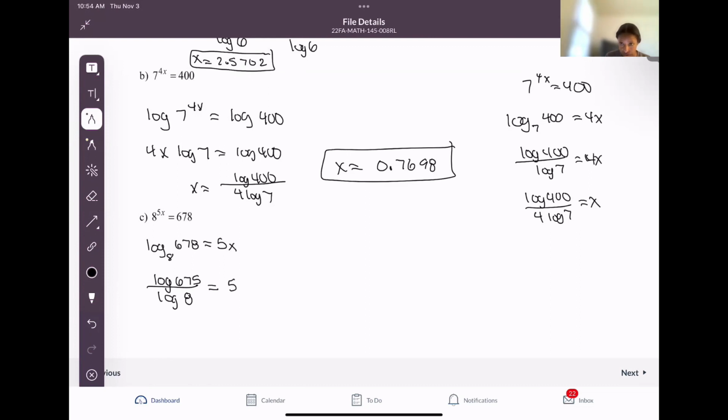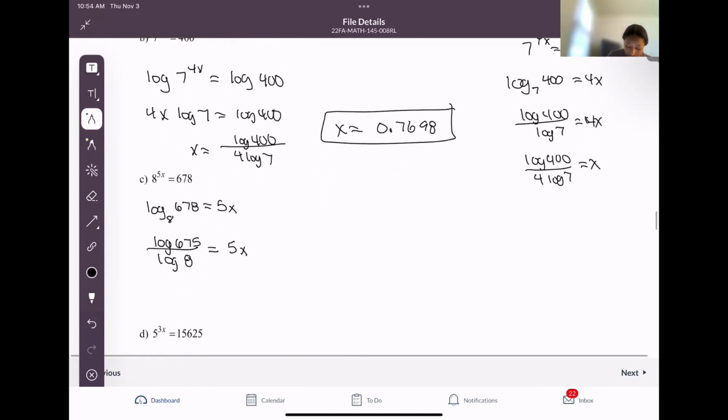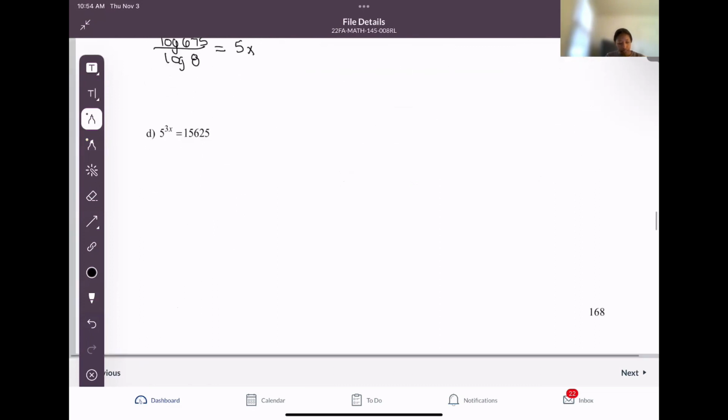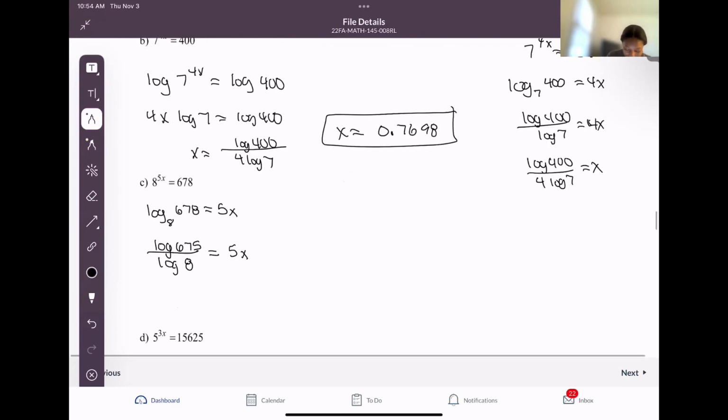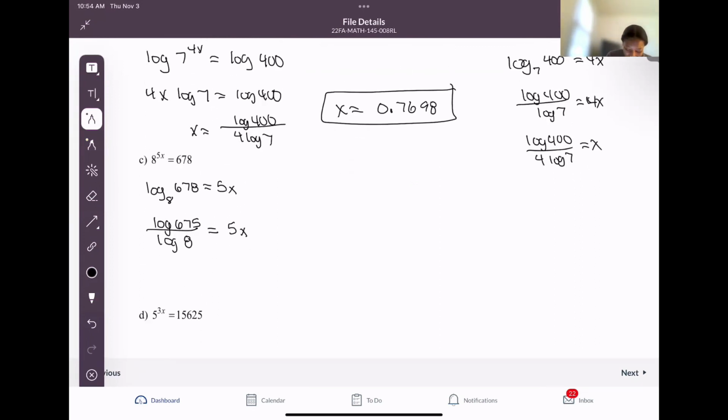Someone shared an answer for this one. You got 0.627. All right, let's see. If we divide this by 5, oh my God, who put a part D down there? My bad, y'all. I didn't know there was a D. We'll do that one though. Log of 675 divided by 5 log of 8 equals x.